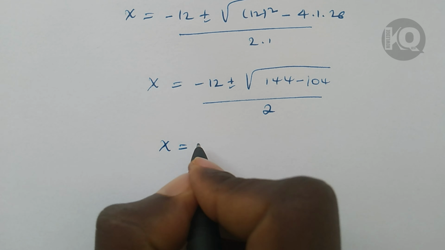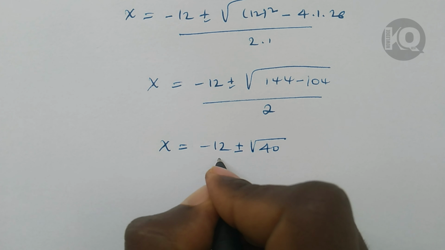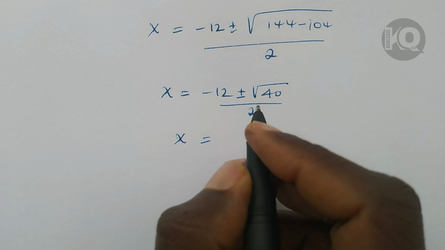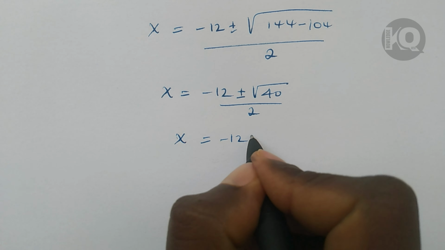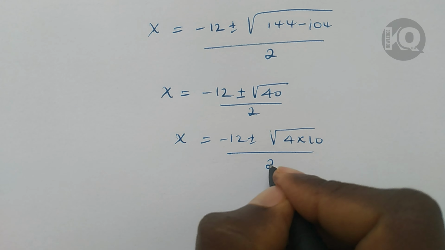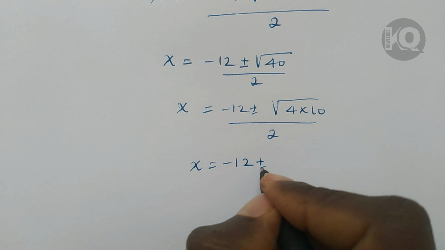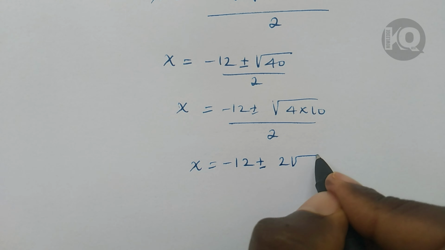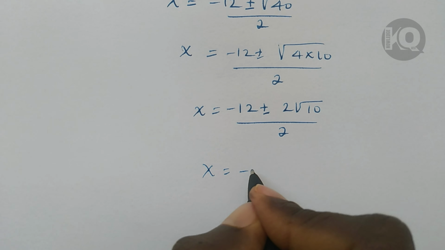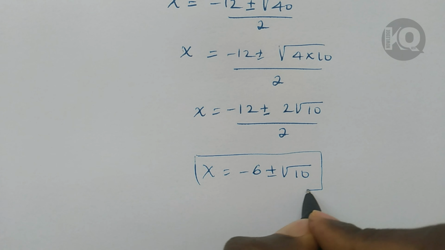Then x is equal to minus 12 plus or minus the square root of 40, divided by 2. That is the square root of 4 times 10, divided by 2. Then x is equal to minus 12 plus or minus 2 root 10, divided by 2. And finally, x is equal to minus 6 plus or minus the square root of 10.